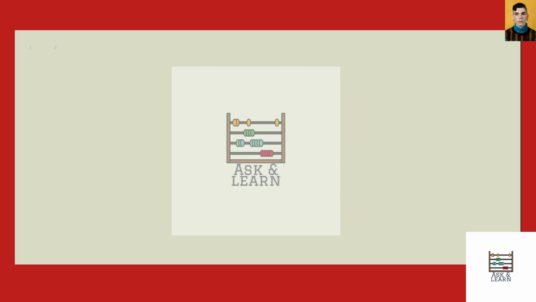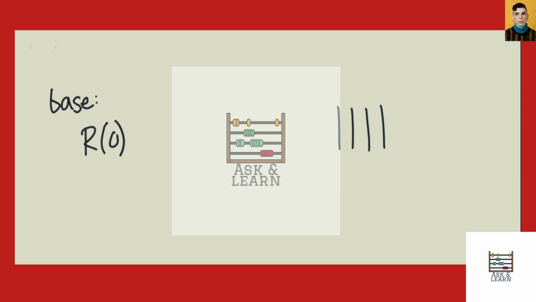Okay, so we start this proof off with the base case, or base step. We'll take where we have 0 disks. So if we have our 4 pegs and no disks on it, we cannot do any moves to solve the puzzle, right? The puzzle is solved just in existence, so R naught is equal to 0.